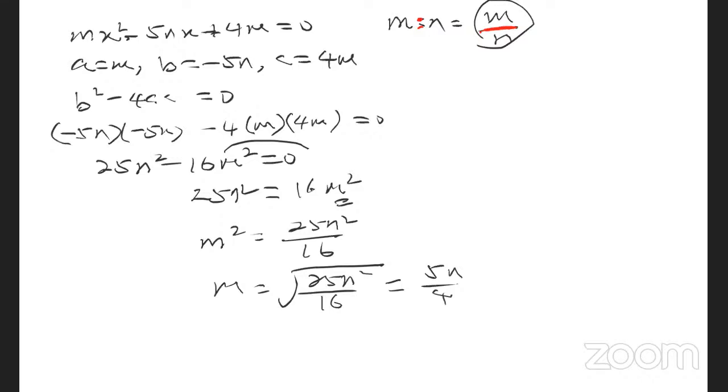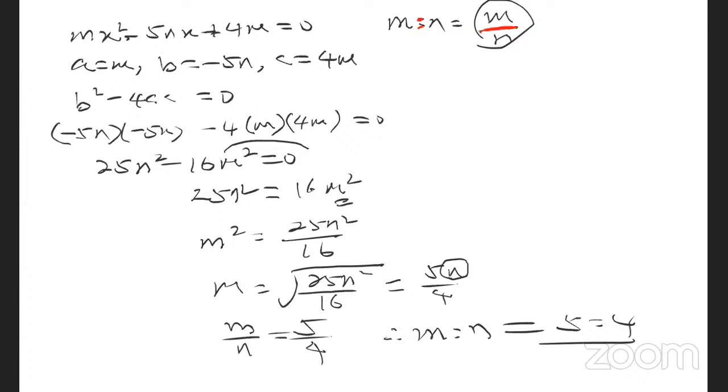You got it? And then this n, bring down and divide. Therefore, m is to n equals 5:4. You got it?